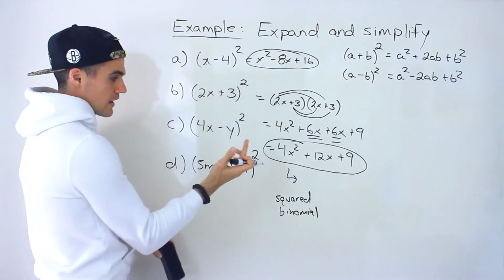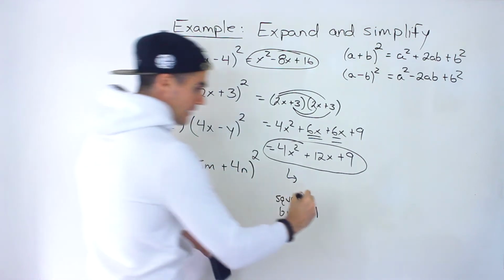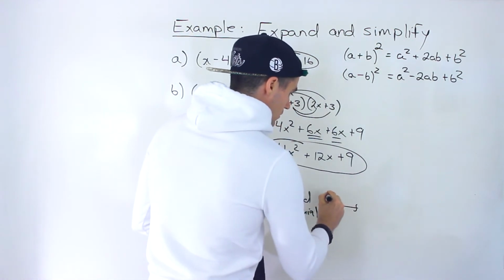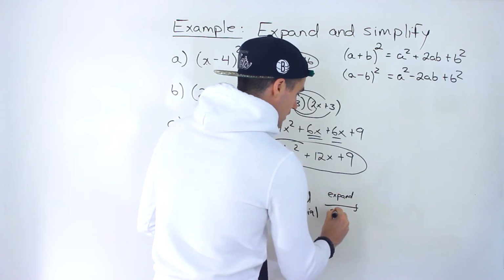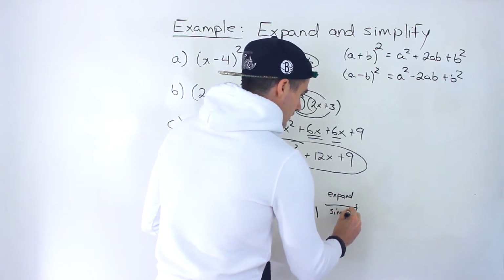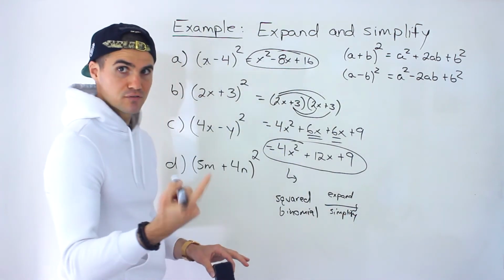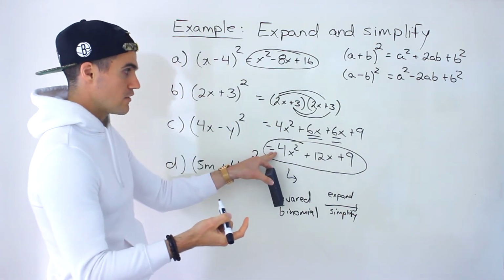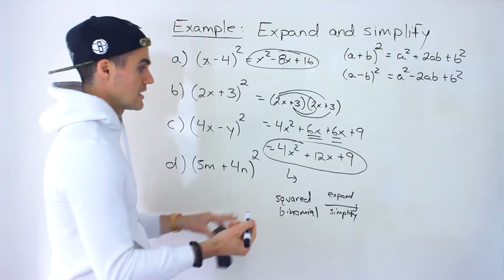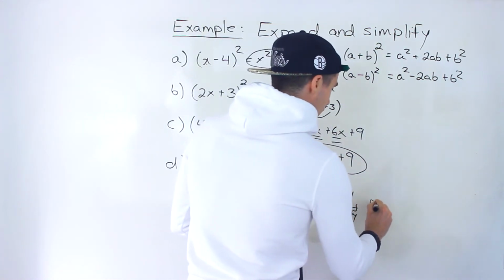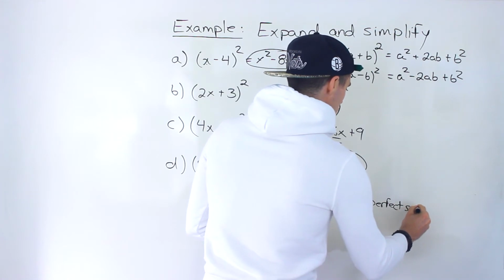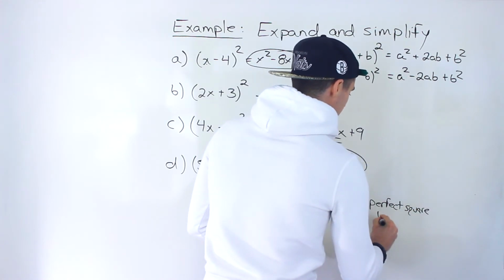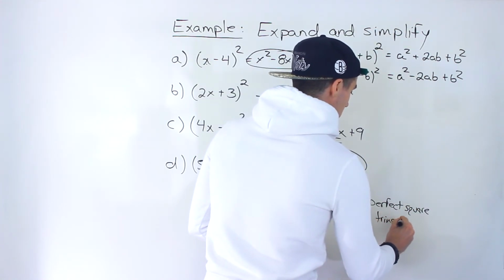A binomial squared, as we mentioned before. And then after we expand and simplify, the expanded and simplified term, this over here, that's called a perfect square trinomial. So that's kind of like the result of a squared binomial.